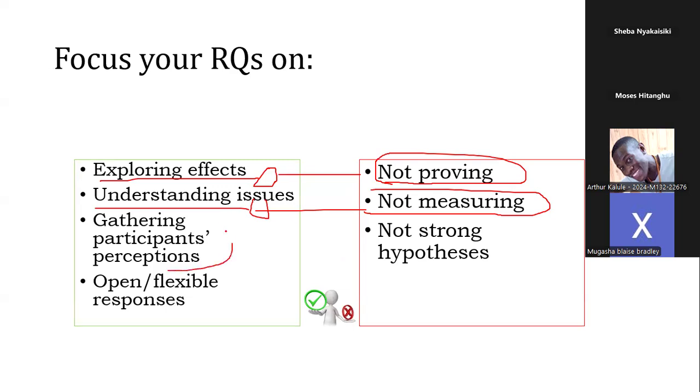If you're gathering participants, your question is open and flexible, meaning it's not pointing to any particular answer, unlike the quantitative side, which is already predicting an answer, but this one is open in nature.